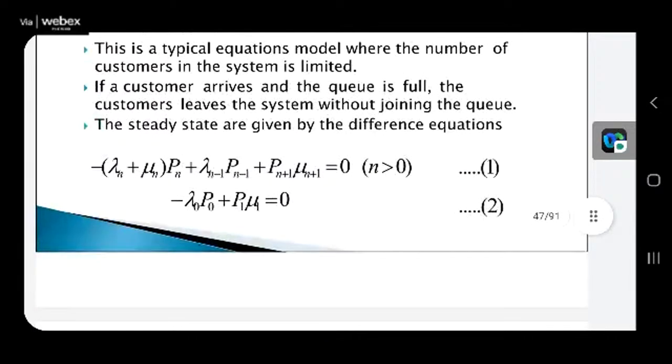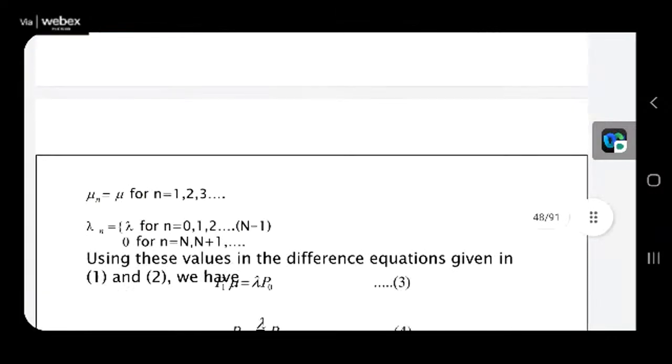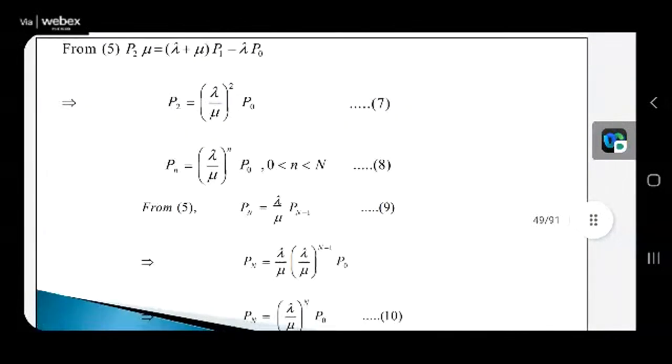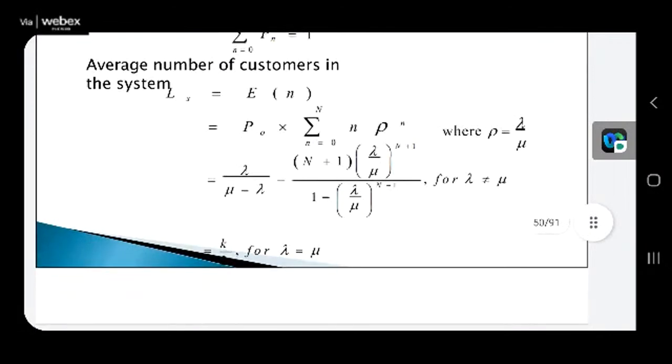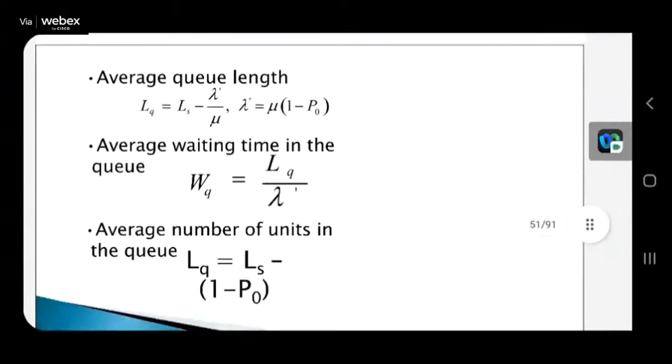This is again a difference equation. You need not remember this, because with equations 1 and 2 only we will obtain the other equations. So you get P1, P0; these are all just derivations. I explained them orally on the whiteboard also. So I'll go directly to the LS formula.